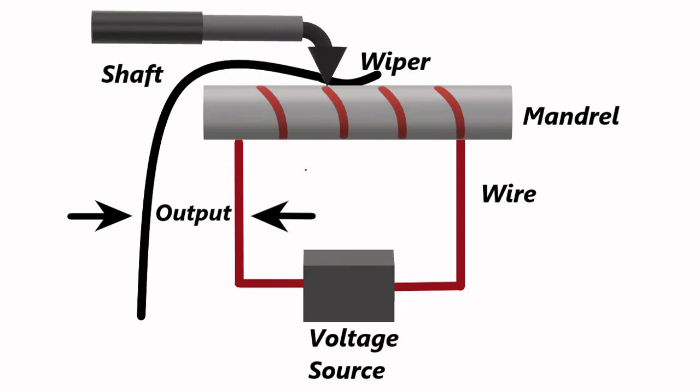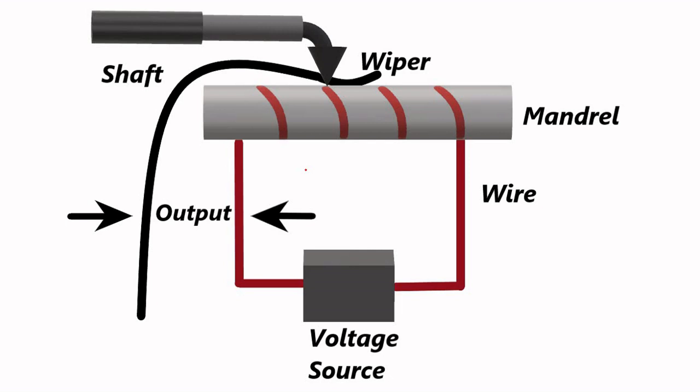The wire is closely wound; here I have just shown it with some gaps. The entire wire constitutes the total resistance of the potentiometer. So this whole setup is called the mandrel.